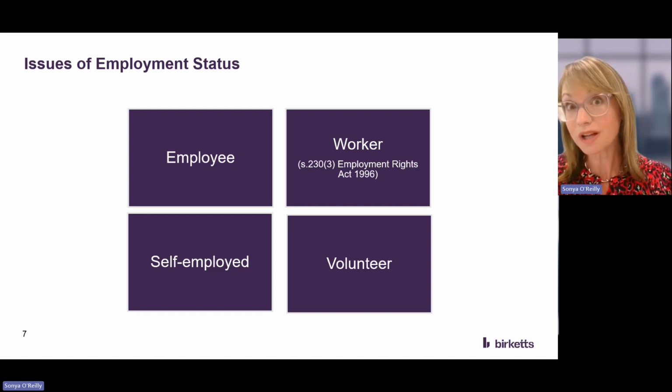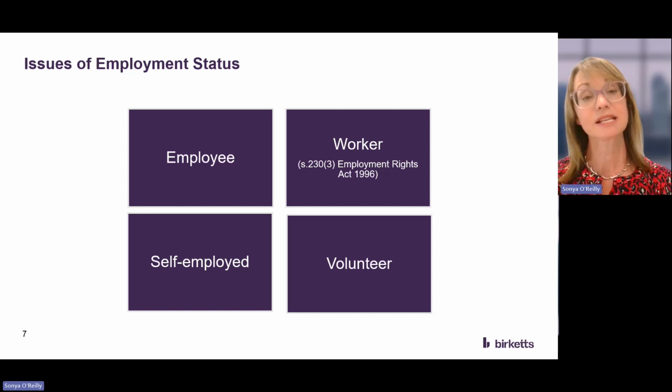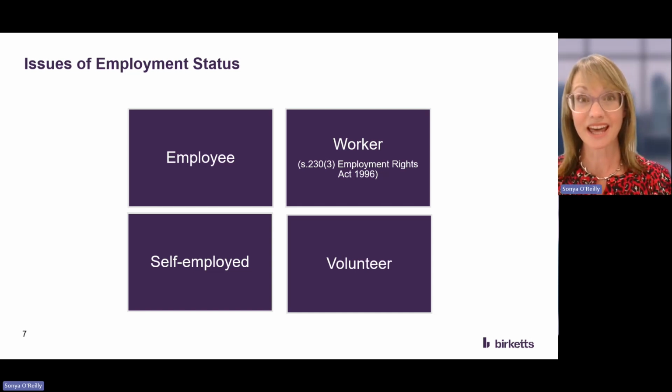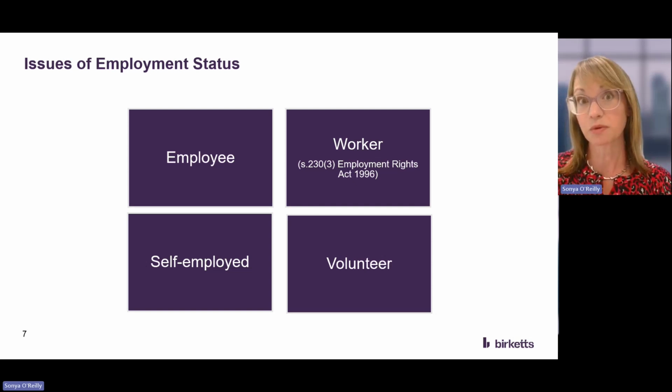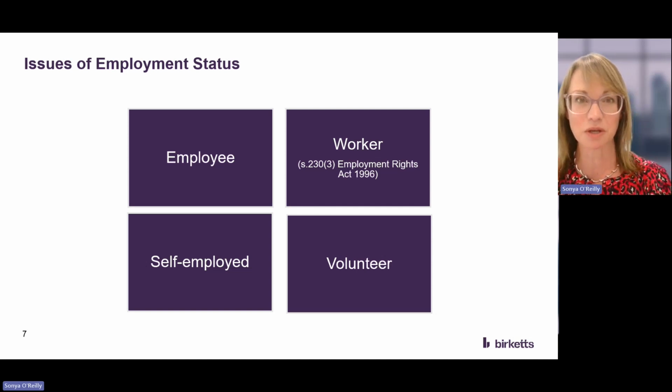Control by the charity over the volunteer is normally lacking in a genuine volunteer arrangement. So the volunteer is entitled to provide their support and carry out some work in whatever way they see fit. There wouldn't be that same requirement of personal service and mutual obligations, where if you're provided with a shift, you must do that shift, otherwise there is a sanction that could be imposed.